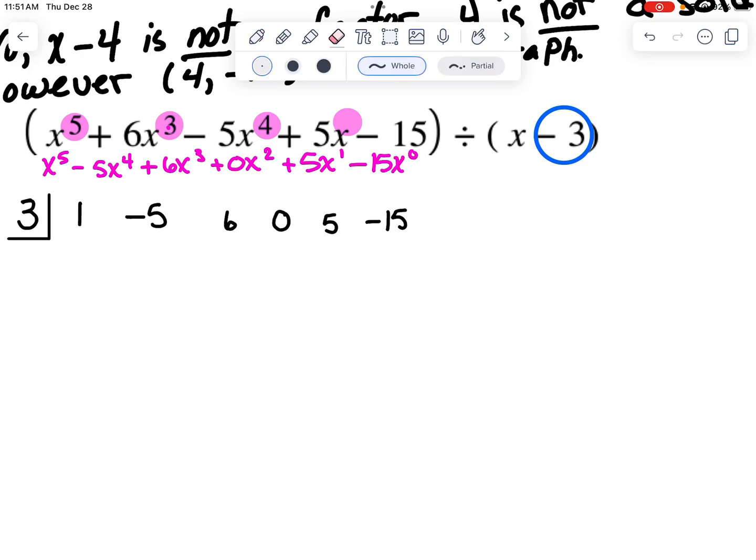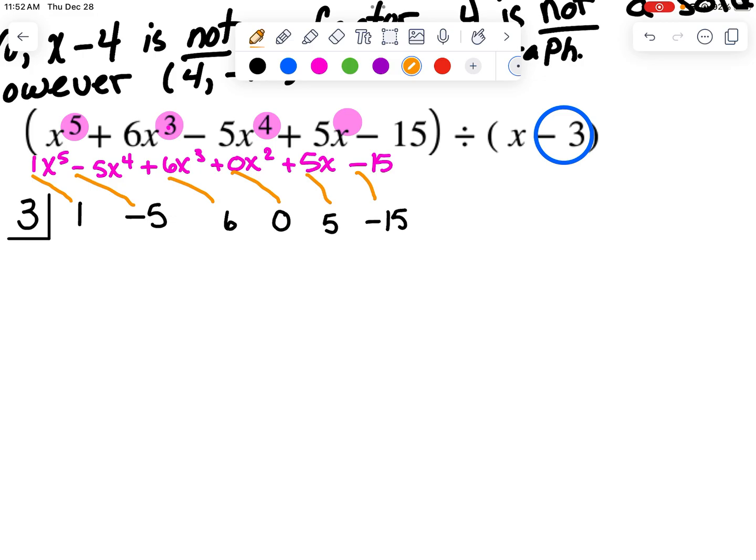But nobody ever looks at x to the 0, and no one ever looks at a first power. And by the way, nobody ever writes the 1. But then if you'll notice, all of these numbers are right there. Okay, so that's what's happening there.